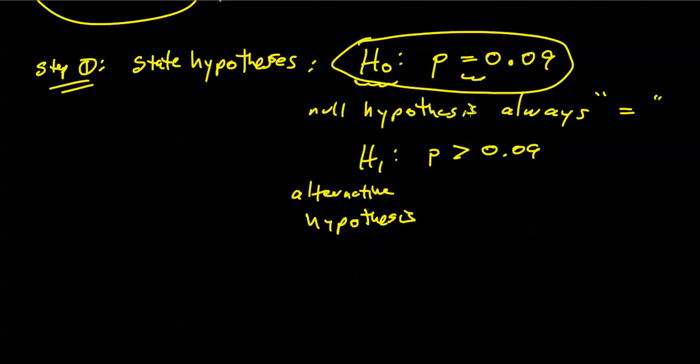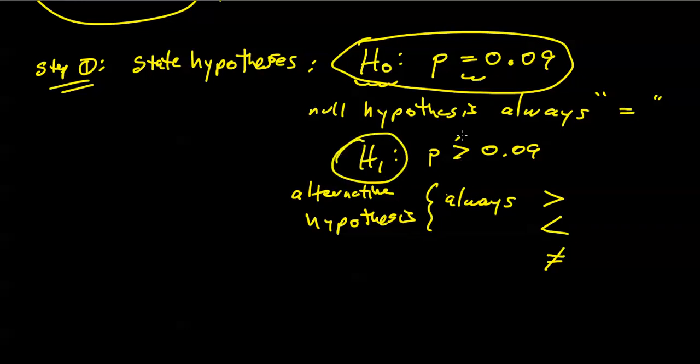Now, the alternative claim is always an inequality statement. Let me write that down. It's always a greater than statement, or a less than statement, or a not equal to statement. If the alternative hypothesis is a greater than statement, we call this a right-tailed test, for obvious reasons.